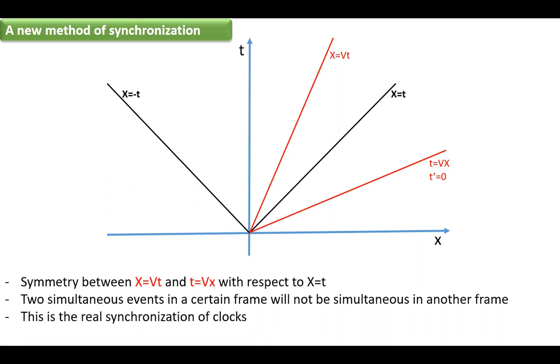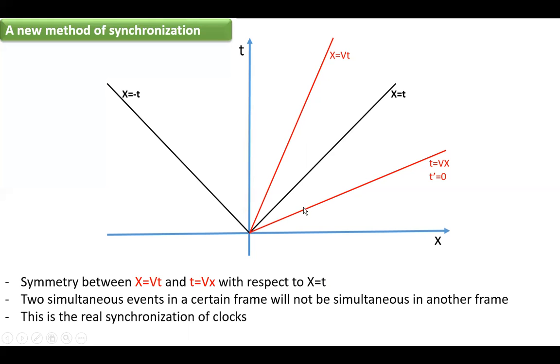We have to synchronize our mobile clock with the line t equals Vx, which corresponds to t prime equals 0. So this new line is the x prime axis corresponding to the mobile frame R prime, and this line x equals Vt corresponds to t prime, the time axis of the mobile frame.